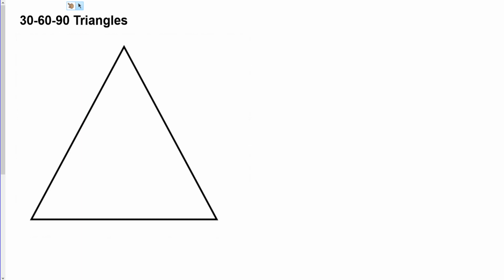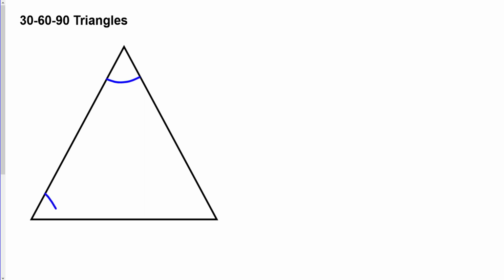To do that, we have to talk about 30, 60, 90 triangles to begin with. They are important, but we need to start with an equilateral triangle before we get there. An equilateral triangle is a triangle where all angle measures are the same.